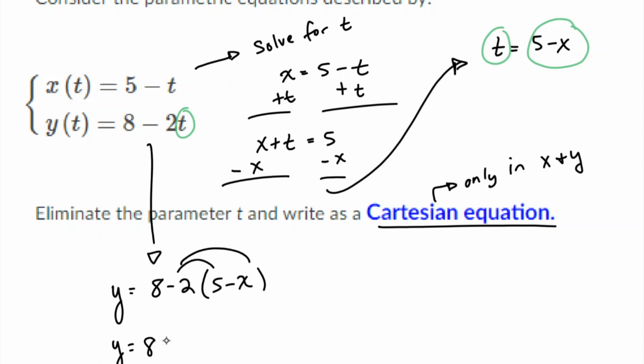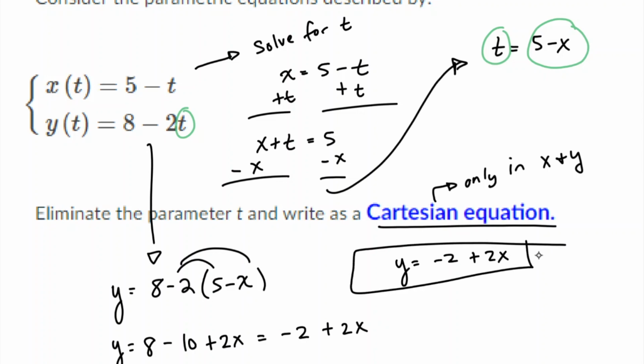Y equals 8 minus 2 times 5 is 10, minus 2 times x is a positive 2x, and this will give me negative 2 plus 2x. So y equals negative 2 plus 2x is an equivalent form of this parametric equation set in a Cartesian equation.